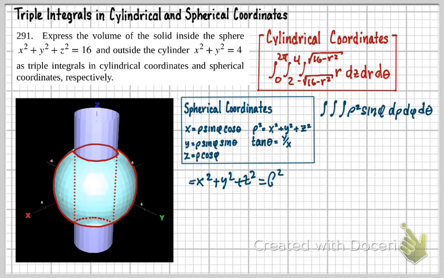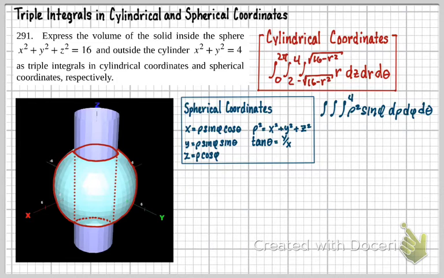So that means this equals 16, which tells me rho squared equals 16, which tells me rho equals 4. And that's going to be the upper bound, remember that. So that means right here in this formula that that's going to be 4 up there. So now we need to figure out that lower bound, what's going to give me this here. So what that means is we're just going to plug in for that. And that's how that works.